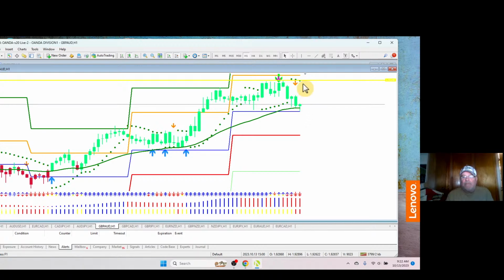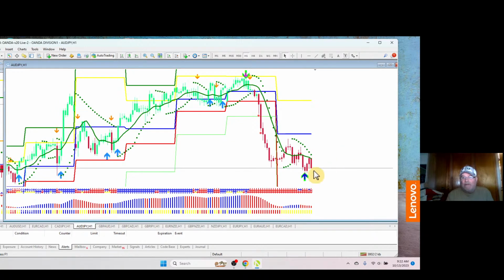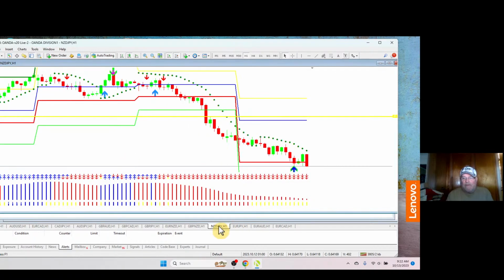I'd like to see it push back up into there to sell. Aussie yen coming down. Aussie dollar coming down. New Zealand yen coming down. I don't know why my phone is not wanting to work. Hold on a second. I gotta get these bars back up again somehow.